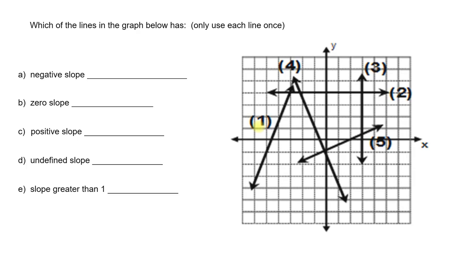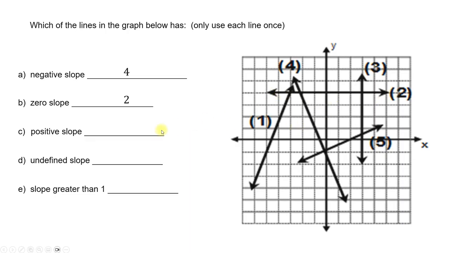Which of the lines in the graph below has a negative slope, a 0 slope, a positive slope, an undefined slope, and a slope greater than 1? Well, 4 is our negative slope. 2 is our 0 slope.